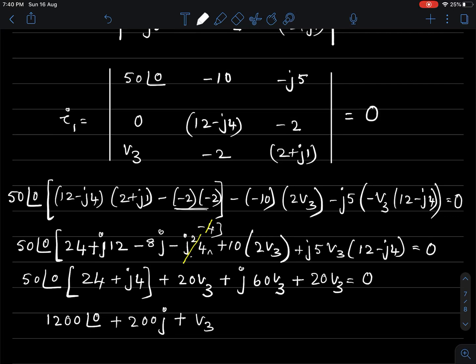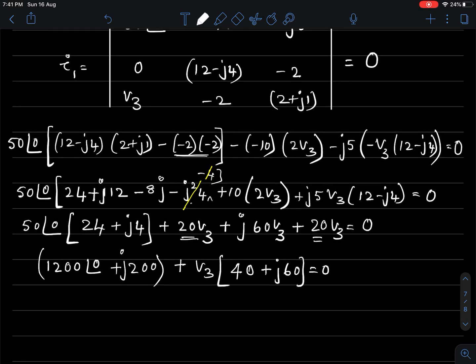So √3 into, this is 20√3 and this is 20√3, which will make it 40√3. √3 I have taken it out, plus j60 should be equal to 0. I'll enclose this also in the bracket. I'll remove this j here, put j here, then put it in bracket.